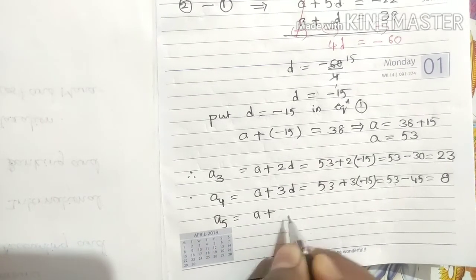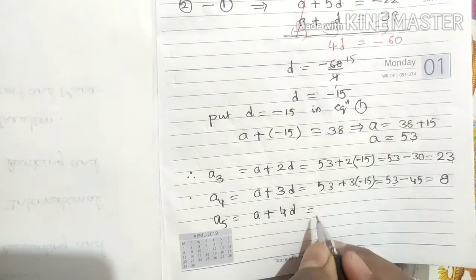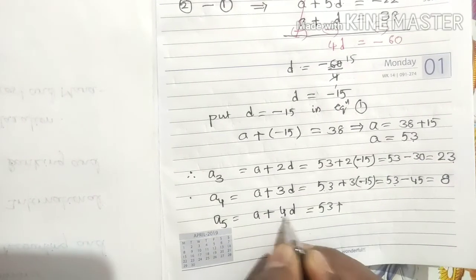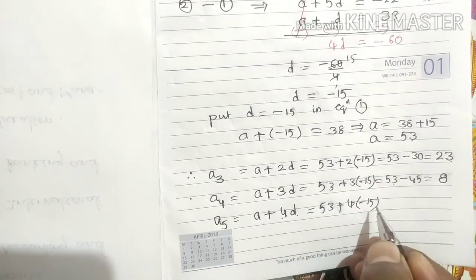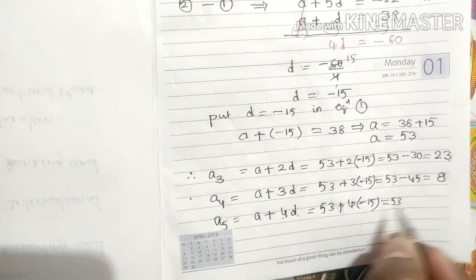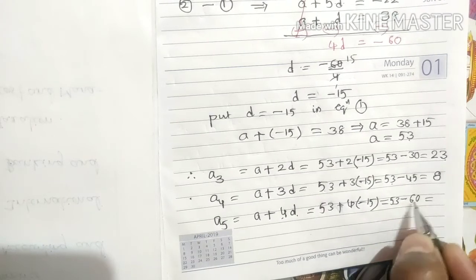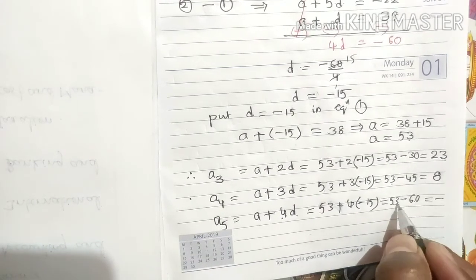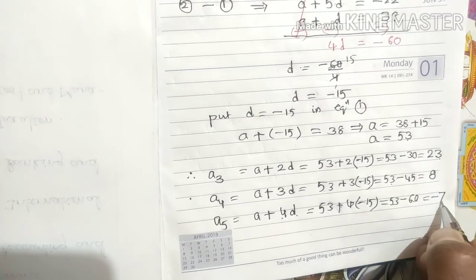A5 can be written as A plus 4 times D. The A value is 53 plus 4 into minus 15. So 53 as it is, plus into minus is minus, 4 into 15 is 60. Smaller number minus bigger number, you will get a negative answer. 53 minus 60 is nothing but minus 7.